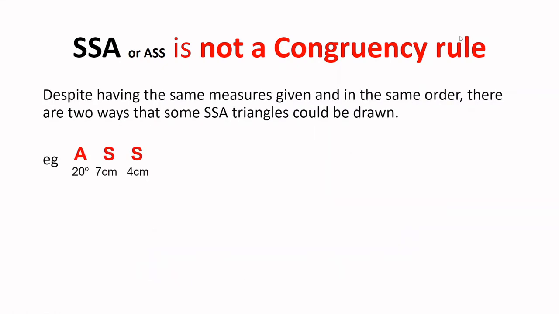Here's an ASS triangle. I've got an angle of 20 degrees, a side length next to that of 7 centimeters, and another side length which is not next to the 20-degree angle, which is 4 centimeters. Now the trouble with this last side is I don't know where to draw it. I don't know if I should draw it at this angle or at that angle.